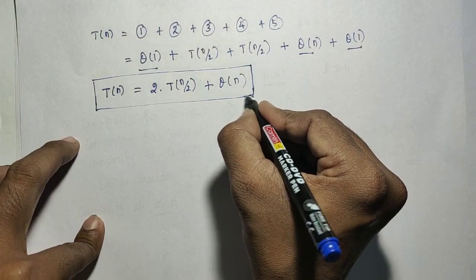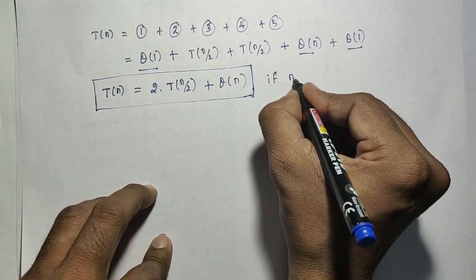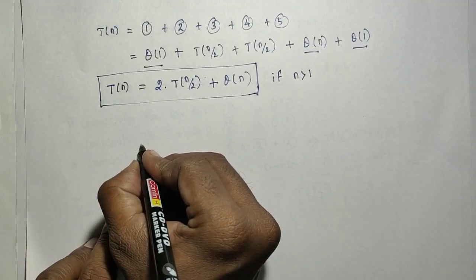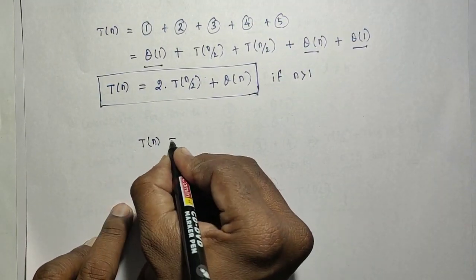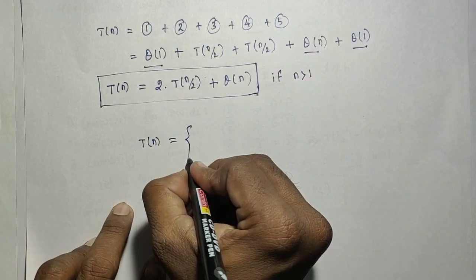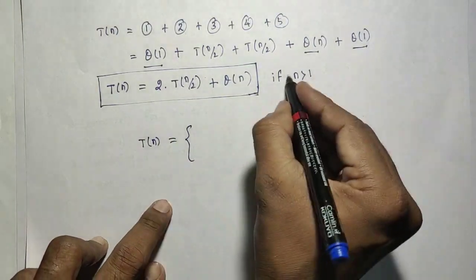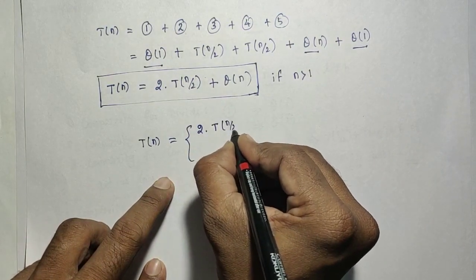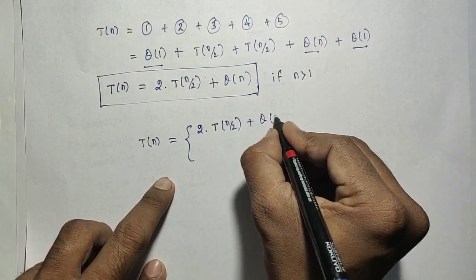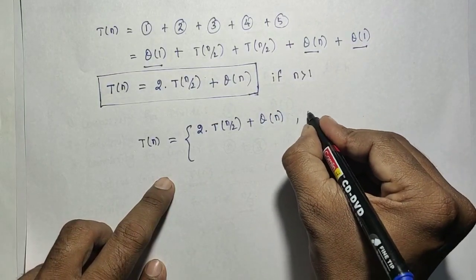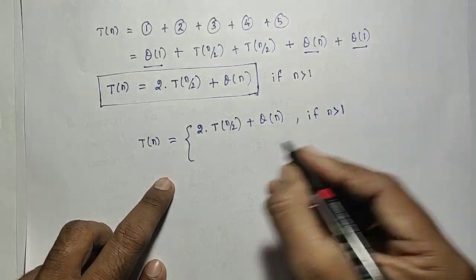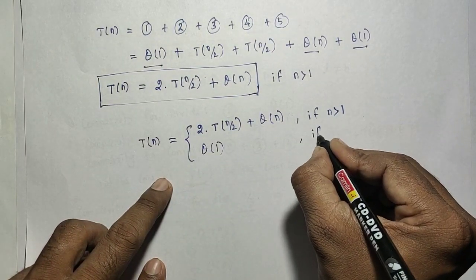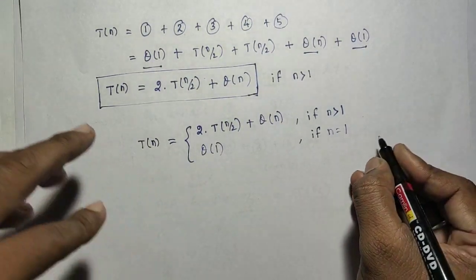So simply we can write T of n, considering both cases. Case 1: if n is greater than 1, T of n equals 2 into T of n by 2 plus theta of n. Case 2: theta of 1 if n equals 1.